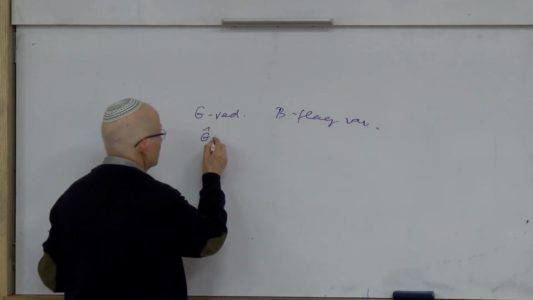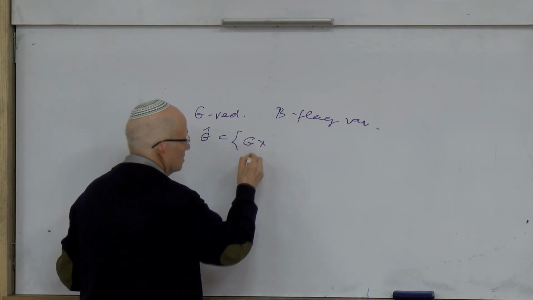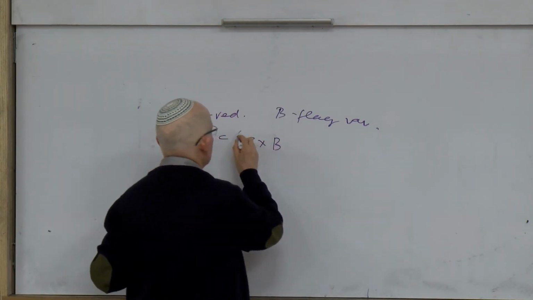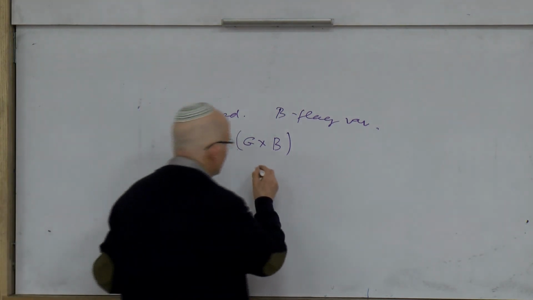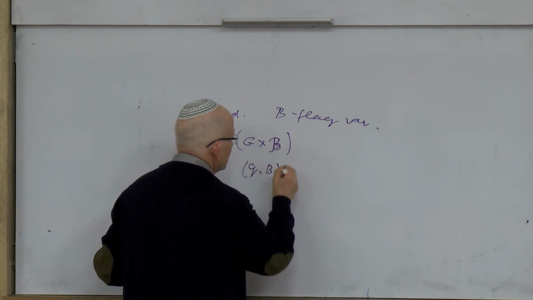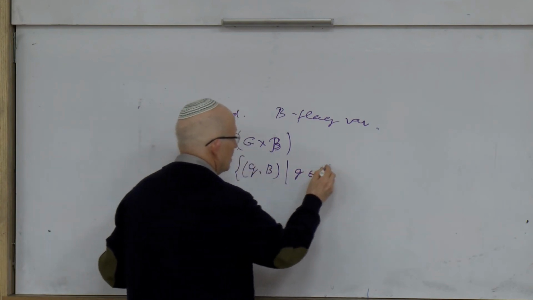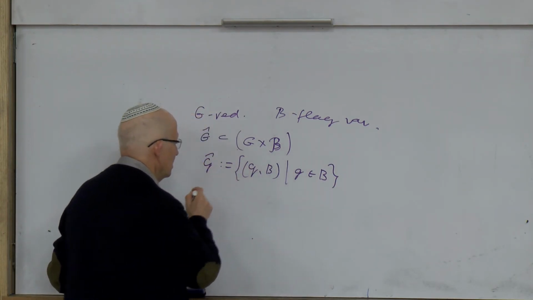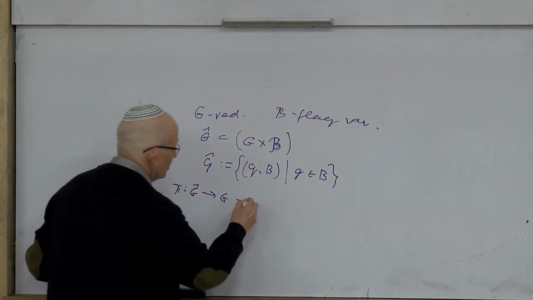You consider G tilde, a subset, the incidence variety in G cross B, which consists of pairs (g, B) such that g lies in B. And you have the morphism pi from G tilde to G, which is proper.